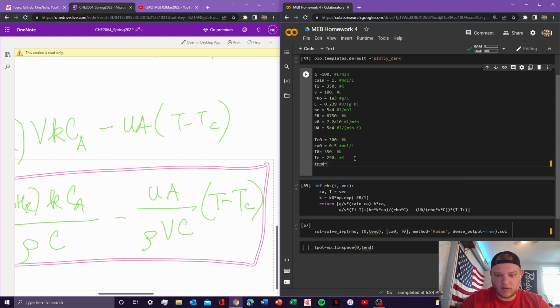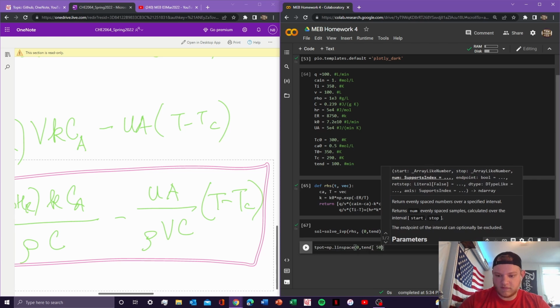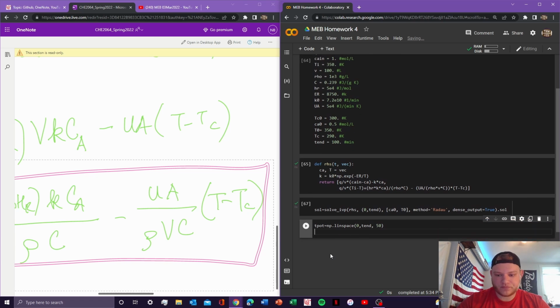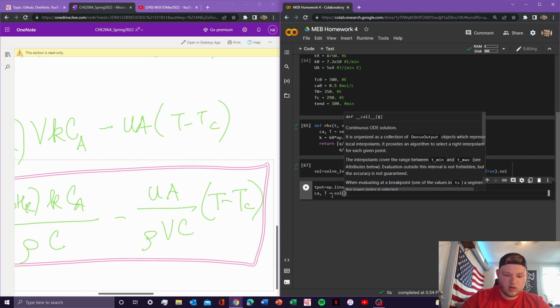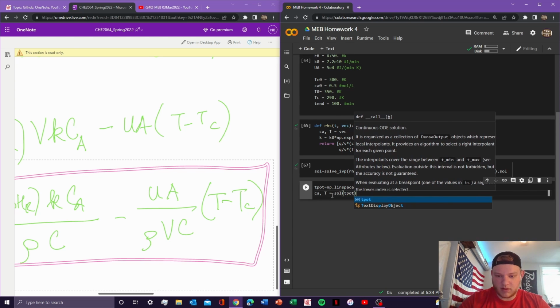T end is equal to, let's say, 100 for now. And then 50 points. And then we can pull out our variables. Those are equal to solution of the initial value problem times t-plot.